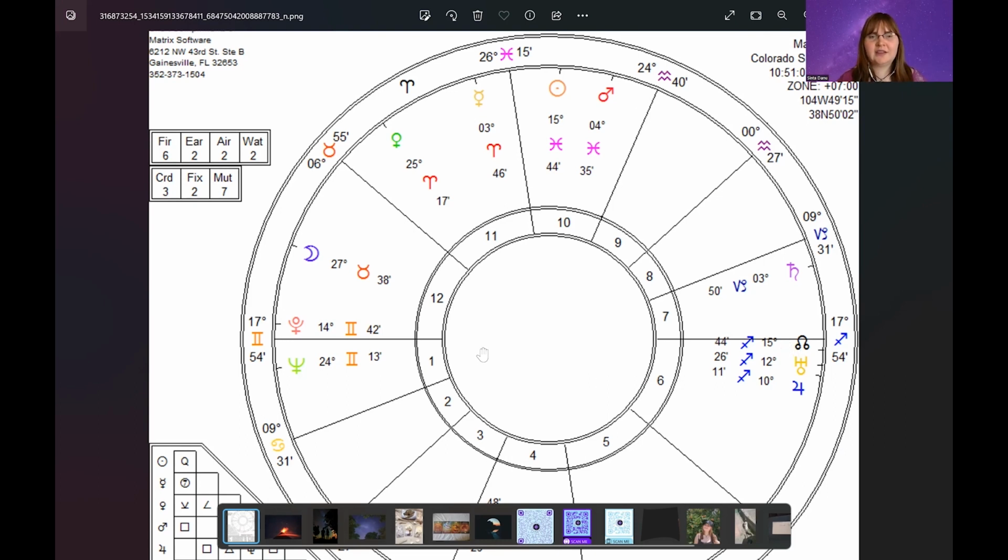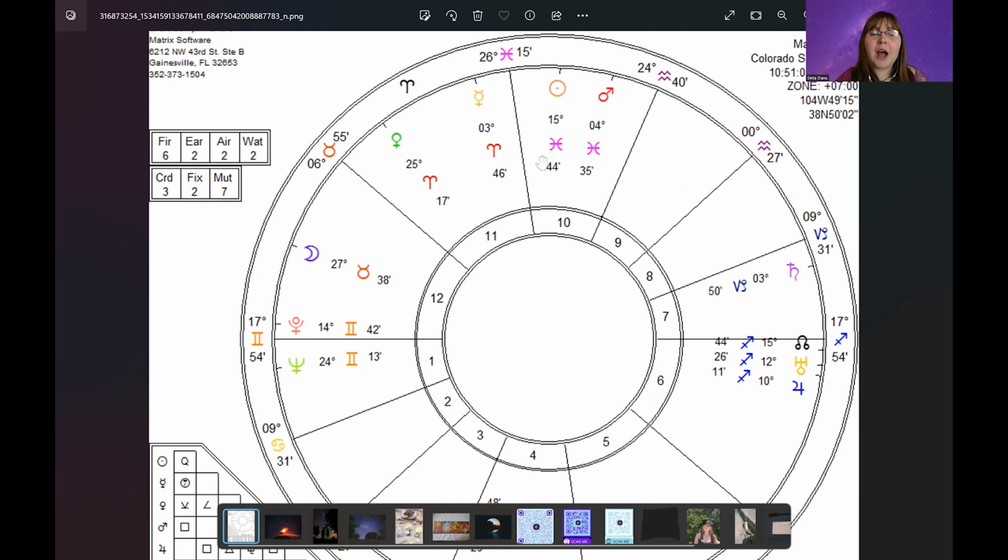They represent the people in your life as well as like the parts of your personality. Whereas the sign that your planets are in is the personality of that part of yourself or that person in your life. So the sun is like the father.